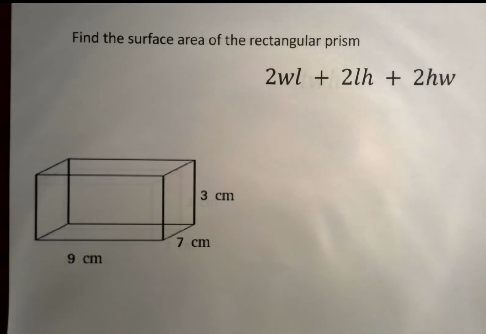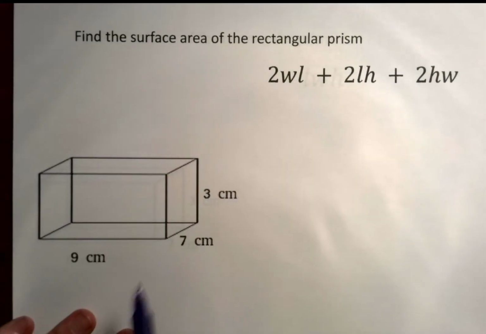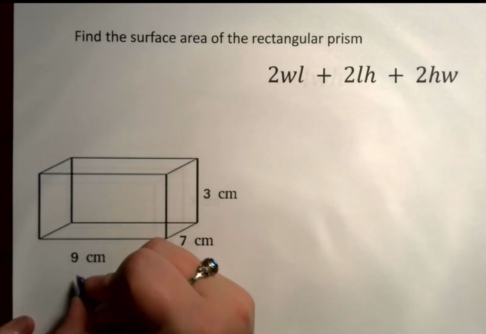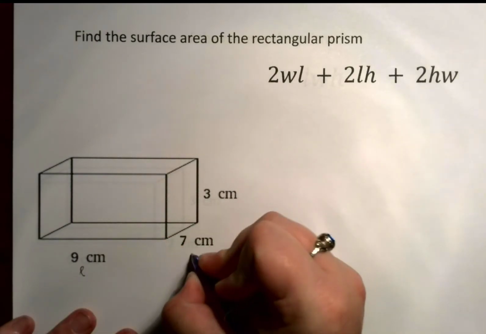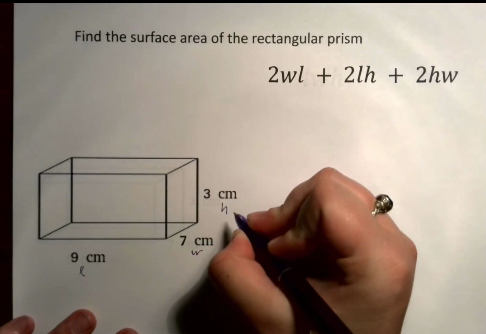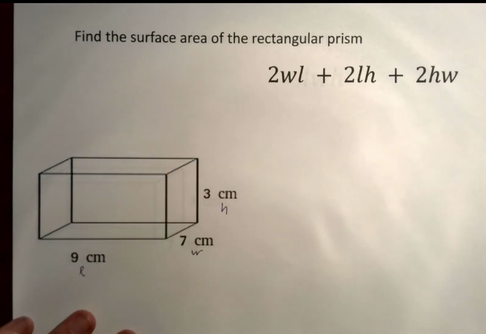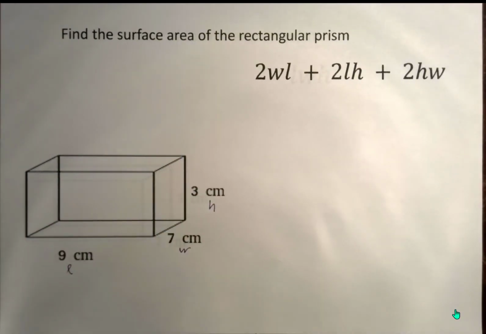All right, we'll look at another rectangular prism. We are going to find the surface area. So my length, my width, and my height. All right, so we're just going to plug in.